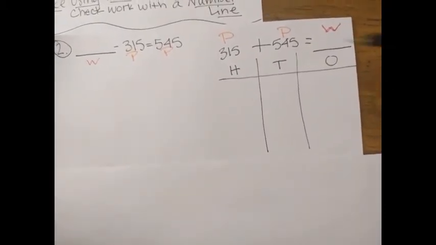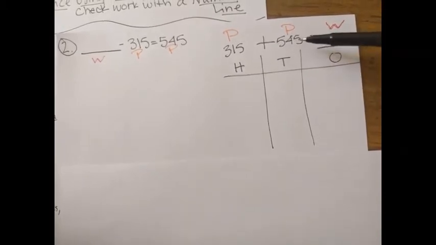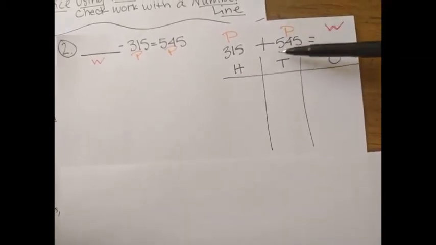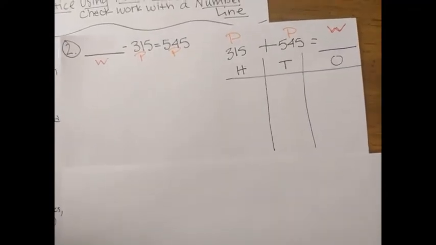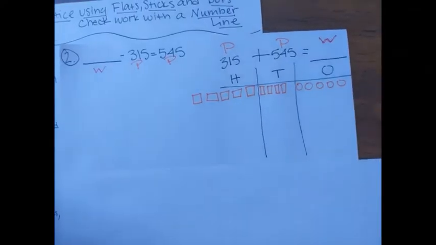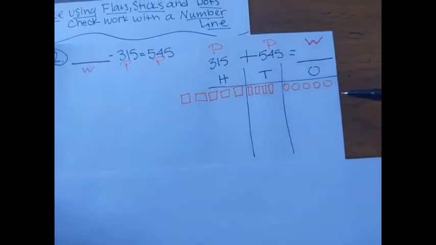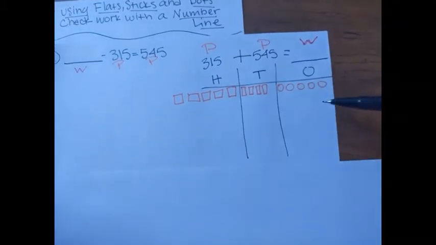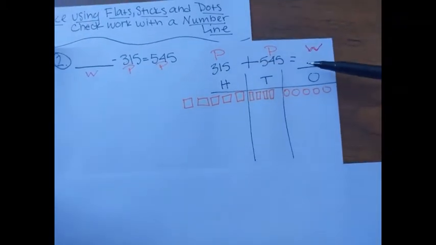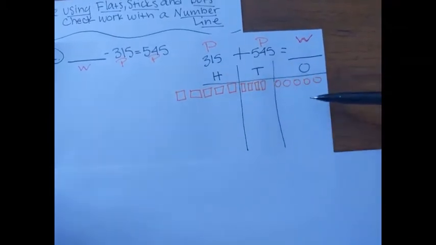So take a moment to put your hundreds, tens, and ones from the 545 part into your flat sticks and dots chart. When we have added our 545 part to our flat sticks and dots chart, it will look like this. Now, this is an addition equation, so we will be adding the other part to our chart as well.